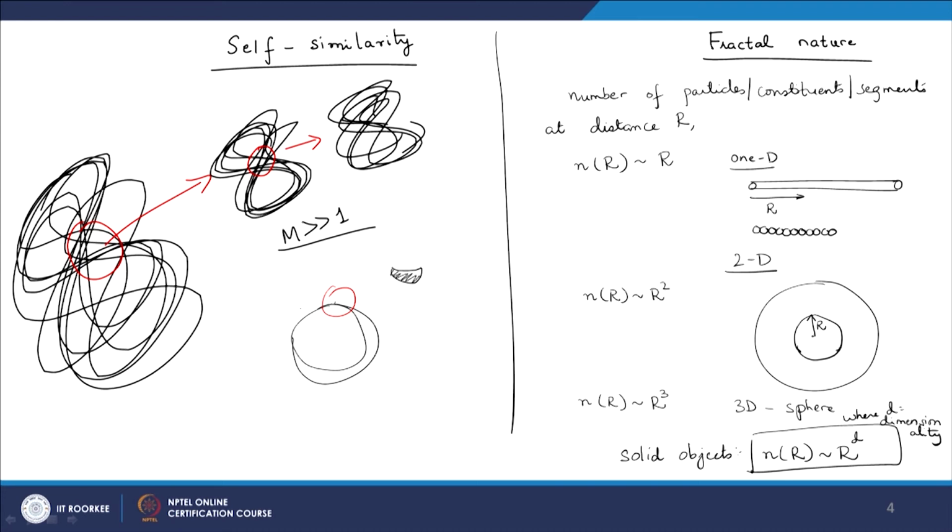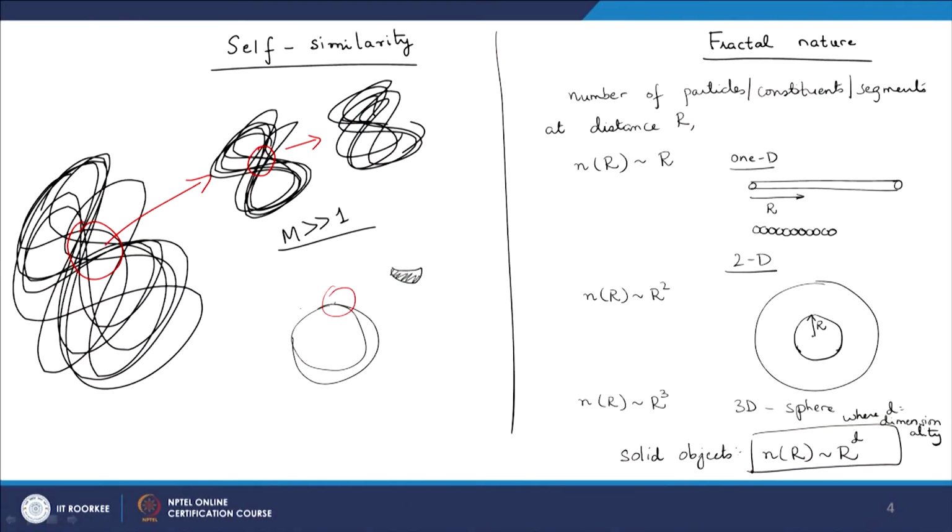Now, if I look at the polymer chain, this behavior is not observed, because we derived in the previous class the scaling laws for the good solvent case, and we just discussed the scaling laws for the bad solvent case. Essentially this n of r corresponds to our m in the scaling law, and we have r going like m to the power nu.